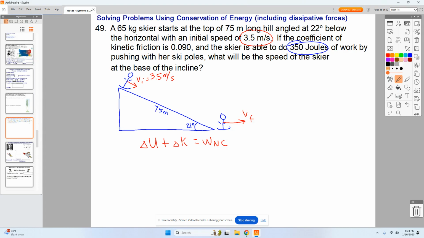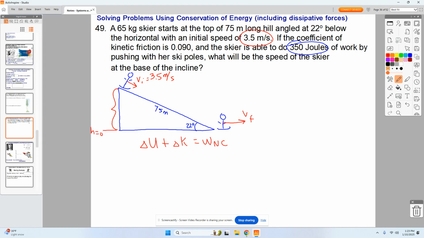Let's be somewhat explicit in our work here. Delta U. You guys agree there's no elastic energy, so I don't have to worry about that. It's just changes in gravitational potential energy. Where would you like to choose your reference? Where do you want your reference position to be for energy? The bottom? Let's call this our h equal to 0.